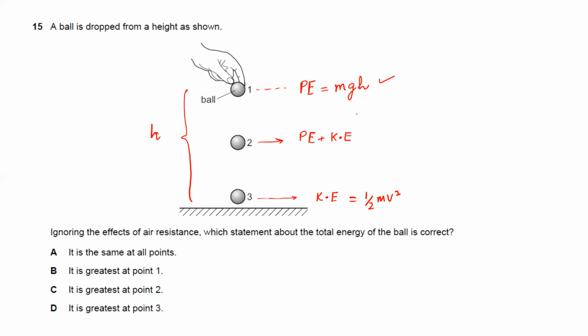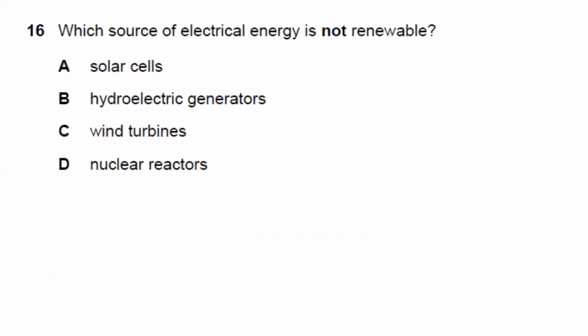Remember, it's the same. Yes, same. It is greatest at point one? No, it's the same. Just before hitting, it will have the maximum kinetic energy. Greatest at point two, no. Greatest at point three, no. It says it remains the same for all points. So answer A will be the best choice, as I have shown to you.